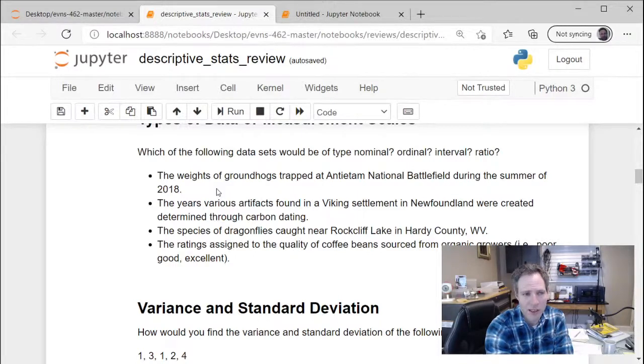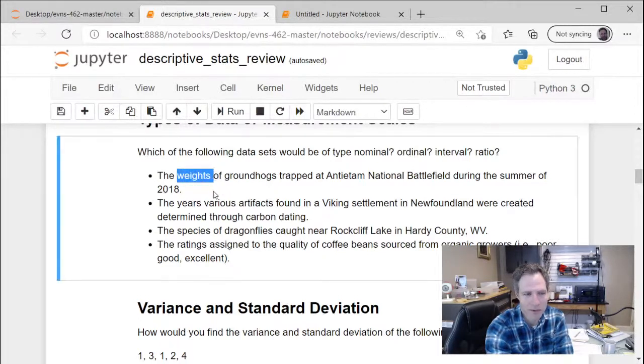And in this case, the instrument has a natural 0 point. There's such a thing as zero mass. On the other hand, there's nothing to the left of that. There's no such thing as negative mass. So there's a well-defined 0 point when it comes to masses or weights. So what kind of data is that? That would be ratio data.